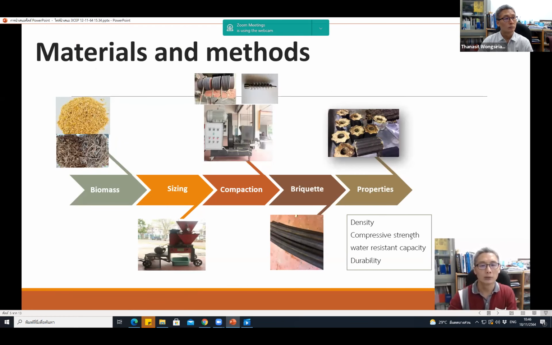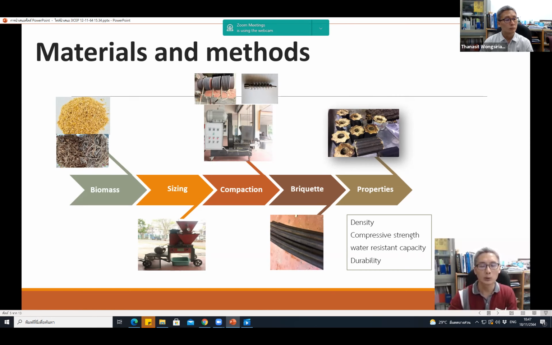The biomass materials used in this research were rice husk and tobacco stalk, Burley and Virginia varieties. We collected them from the Chiang area. The moisture content of this material was reduced to less than 10%. Tobacco stems were also mixed with rice husk at a mass ratio of 20 to 80 by weight.